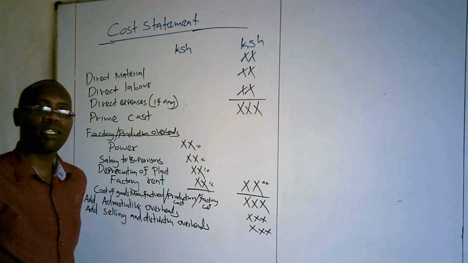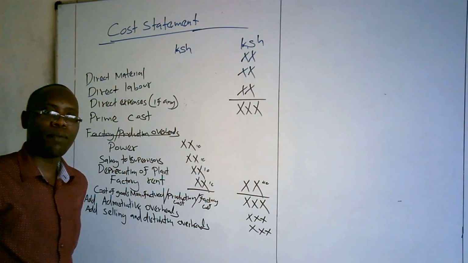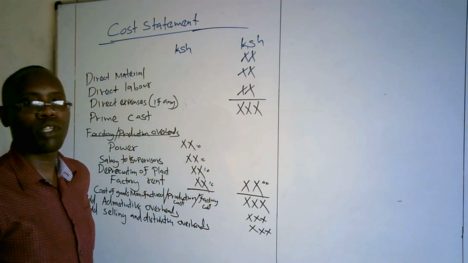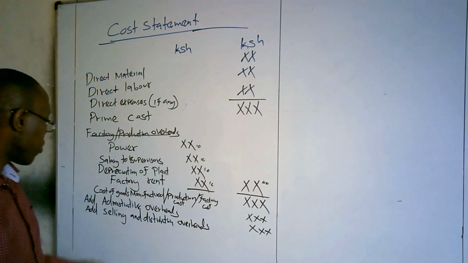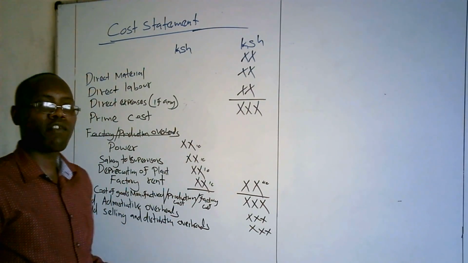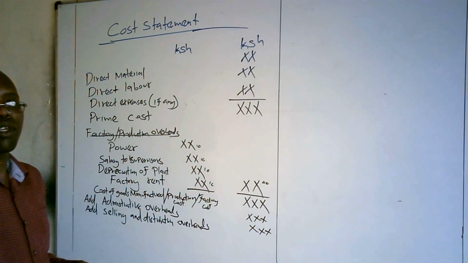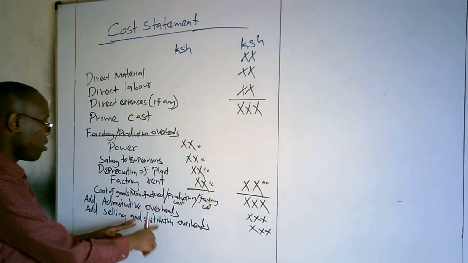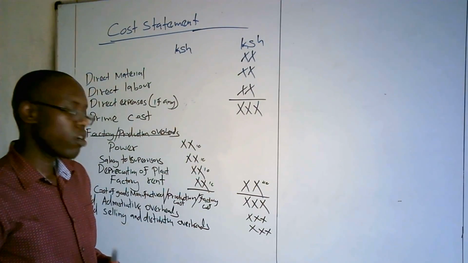They may decide to give you commissions to the salesmen, maybe depreciation of the distributing vehicles. That's going to be part and parcel of the selling and distribution overheads. Maybe rent to the warehouse whereby you are storing those particular commodities. It's also going to be part and parcel of the selling and distribution overheads.